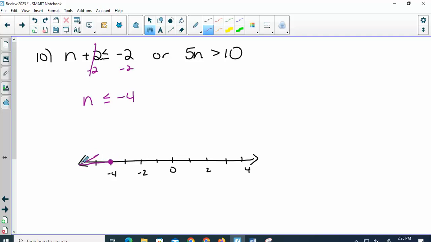Left, less than. Okay, second one, divide by 5. So we get n is greater than 2. So that would be open circle at 2, going to the right. Are those okay? So the ors, we get 2 separate pieces when we graph them.